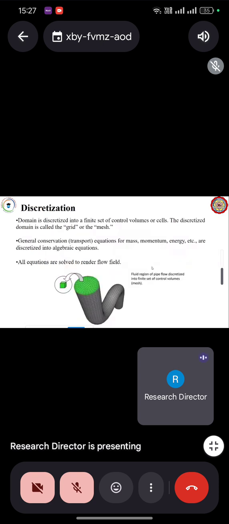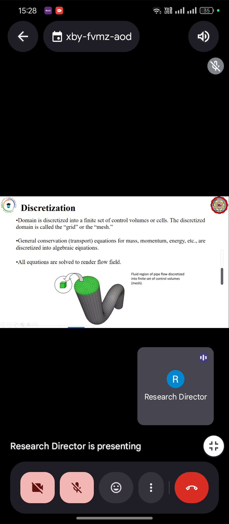Now, discretization. In this diagram, we can easily see the visible arrow. There is a small element here. Basically, this is the discretization element. We can say this is the element also. The domain is discretized into a finite set of control volumes or cells. The discretized domain is called the grid or the mesh. Basically, this one element is a very small quantity, a small volume of the particular domain.